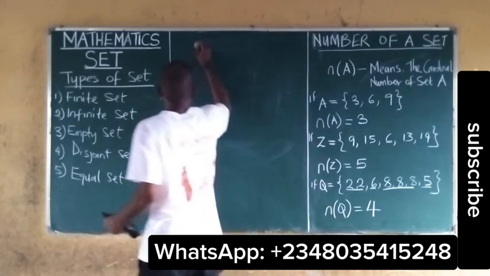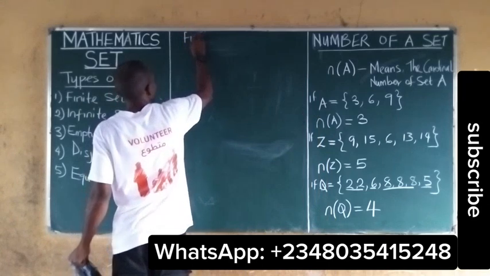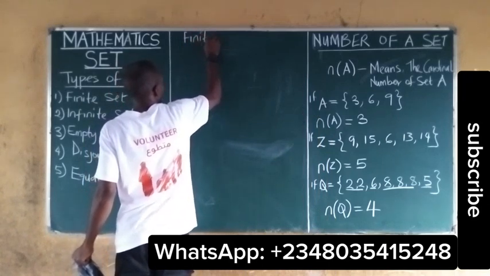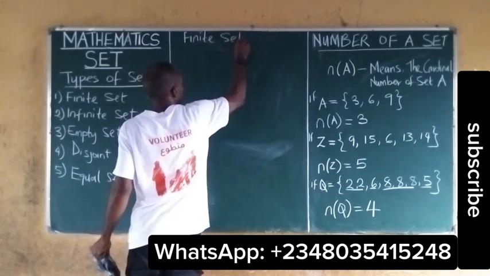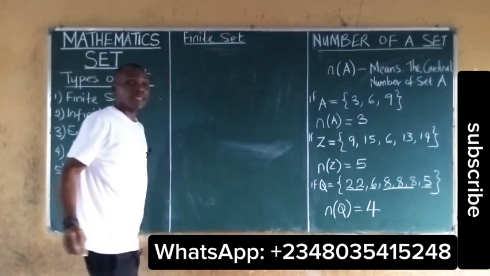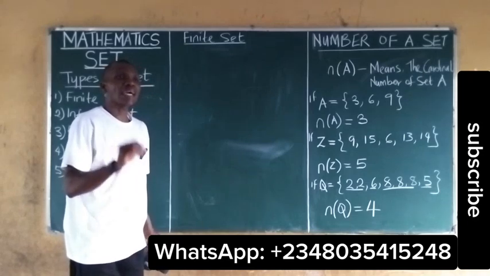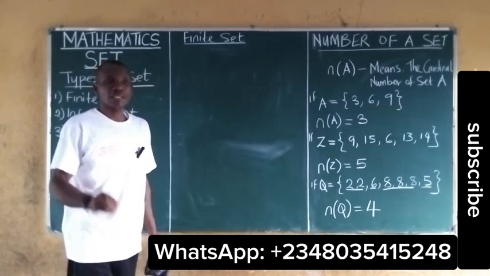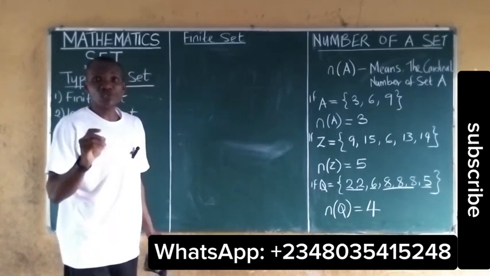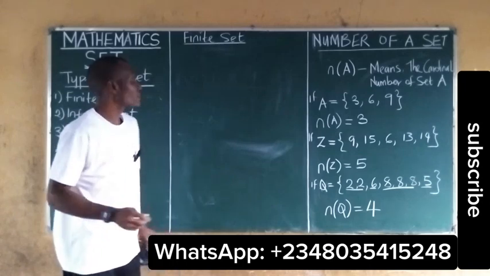The finite sets. A set is said to be finite if its elements can be counted.